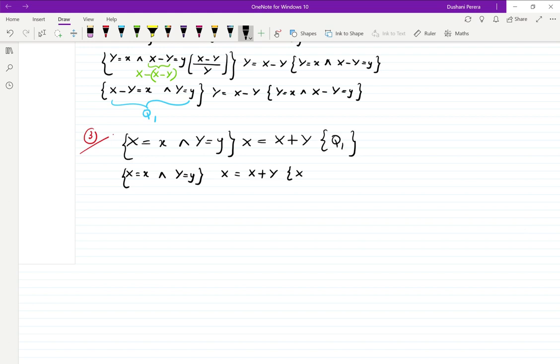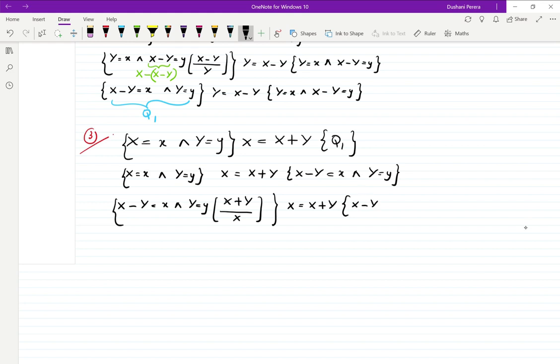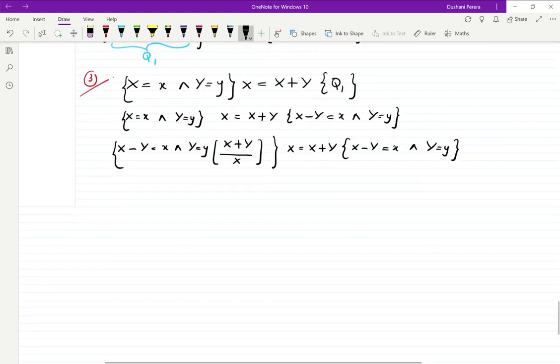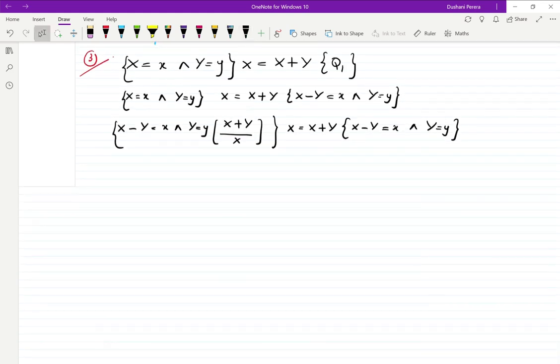Q1 is what we found before, x minus y, y equals y. Now let's apply the assignment rule. Q, E over x, x is E and we have Q. Now let's simplify by applying E to x.